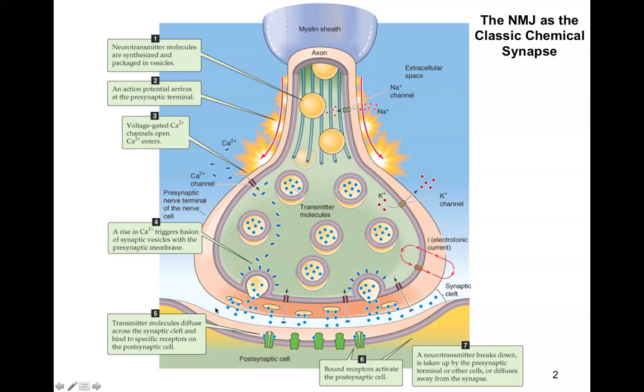The neurotransmitter binds to a receptor on the postsynaptic cell, which causes the entry of sodium, the depolarization of the muscle cell, leading to the action potential within the muscle cell and muscle contraction. That sounds like a lot of steps, but it actually occurs very quickly, and it's a very common method of synaptic transmission. So that is the classic example of a chemical synapse.